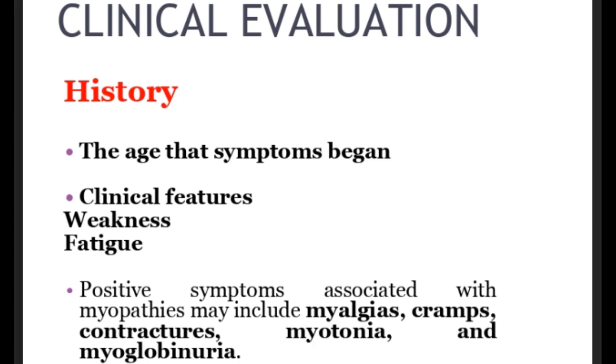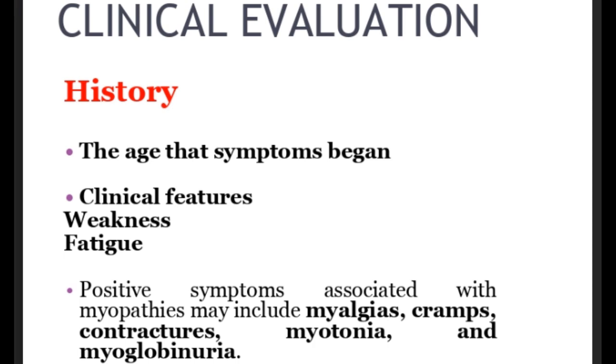Clinical features: weakness is by far the most common negative symptom reported by the patient with muscle disease. If the weakness involves the lower extremities, the patient will complain of difficulty climbing stairs. When the upper extremities are involved, the patient notices trouble lifting objects over their head and brushing their hair.